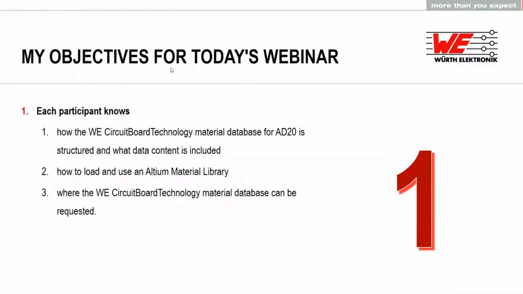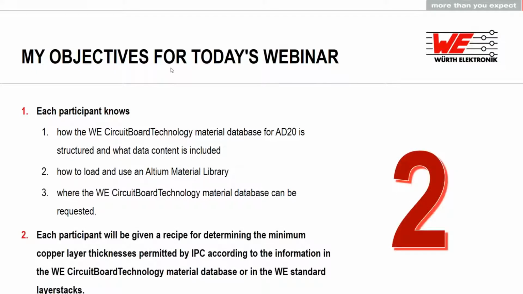So my two objectives for today's webinar are, firstly, I want all of you to know about the circuit board technology material database of Würth Elektronik, how it is structured and what material data content is included, how to load the material database and where you can get the data from.